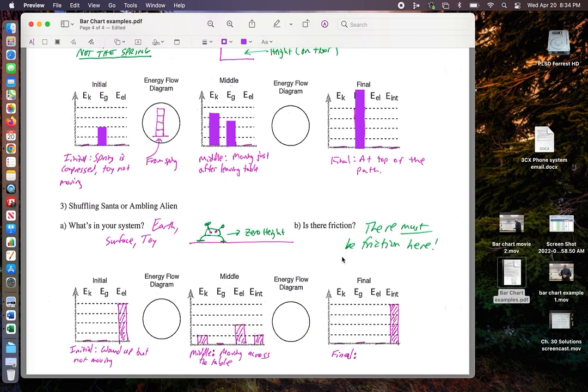The other video, which hopefully showed, was the ambling alien, which is kind of fun. The ambling alien ended up moving across the tabletop. I wound the spring, and again, hopefully you see the video with that.